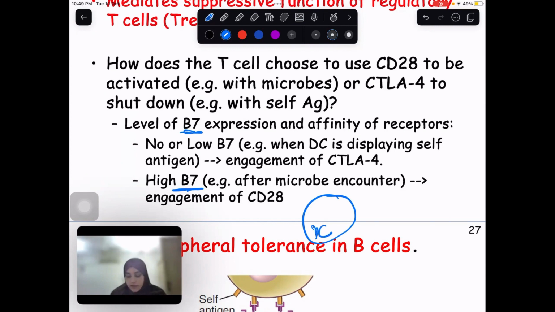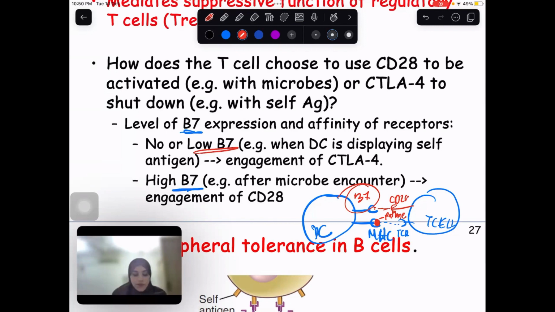Okay, dendritic cell, easy. It has the MHC, and here is my T cell. It has a TCR. This is the first signal. If the B7 is present, this is the CD28, okay, then obviously this will be happening. When is B7 expressed? When there is a pathogen here.